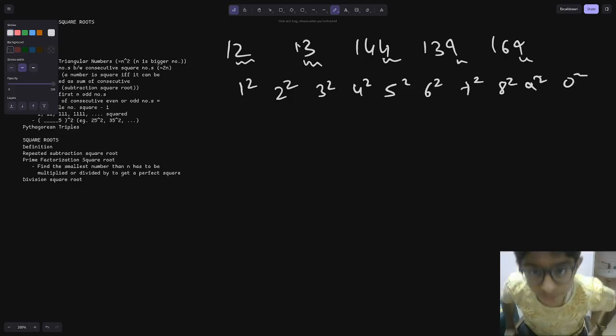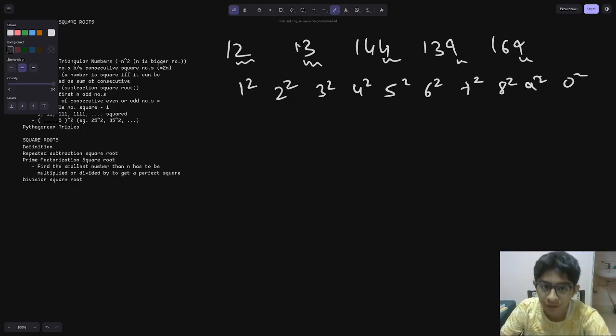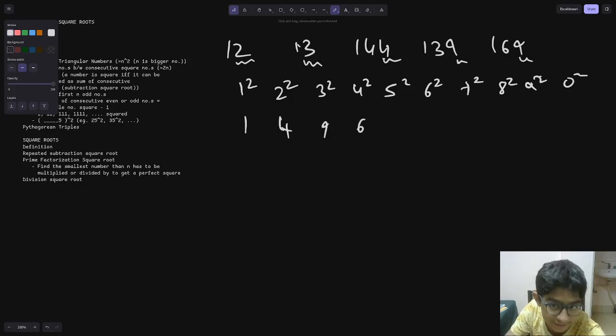Now if you square all of these numbers, 1 square is 1, 2 square is 4, 3 square is 9, 4 square is 16, so let's just add the units digit, 6. Then 5 square is 25, which ends in a 5. 36 is a 6, 49 is a 9, 64 is a 4, 81 is a 1, and 0 is a 0.